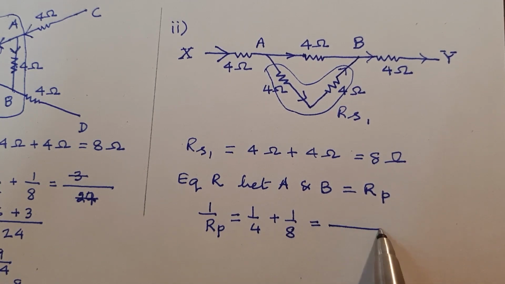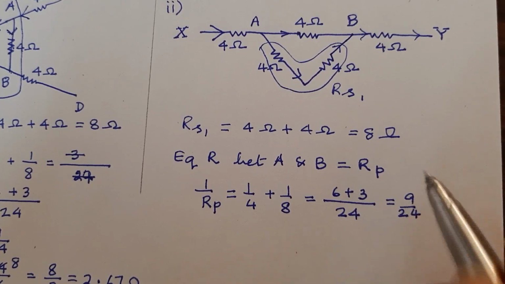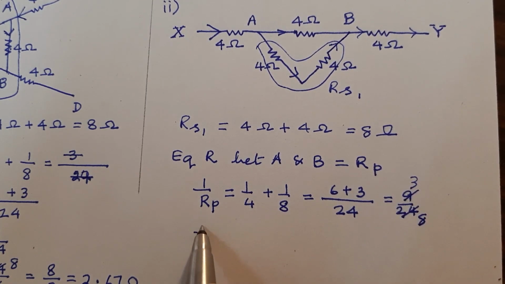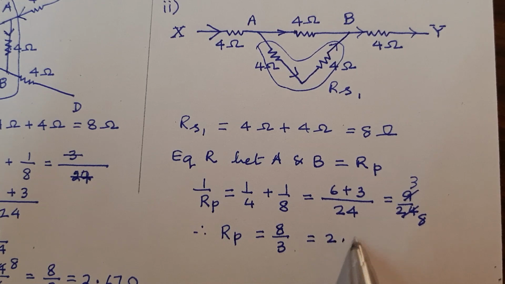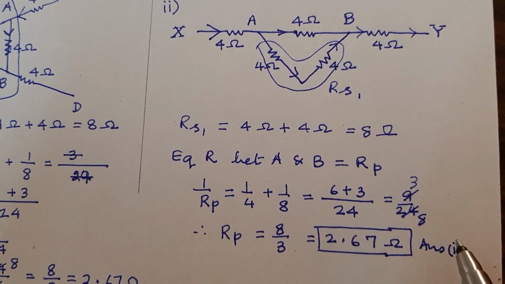And we already know the calculations here. Therefore, we will have RP equal to 8 upon 3, which is again 2.67 ohm, and that could be our answer 1 if they ask us the resistance between A and B.